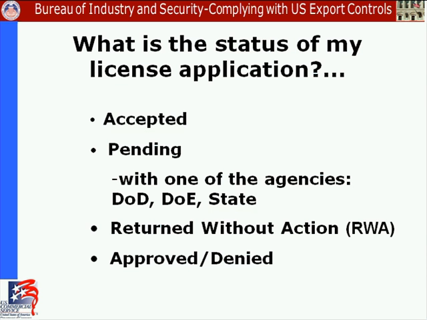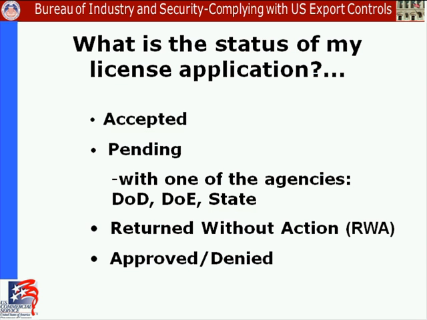If it does have to be referred outside of the Commerce Department, again, we have to incorporate that 30-day period. That's where the other 4 weeks come into the picture. So 4 to 6 weeks is the review time. That's general because each application is reviewed on a case-by-case basis.